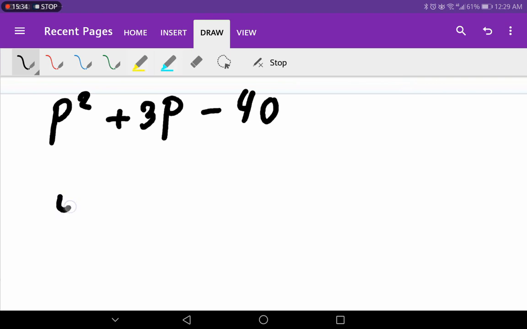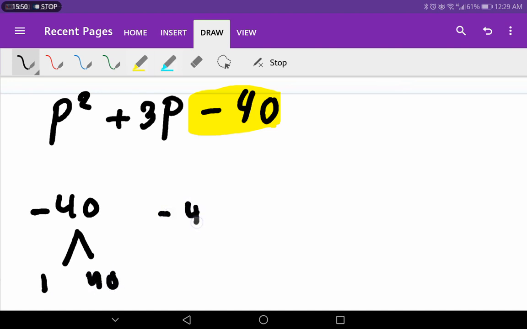Now the 40 comes from, or it is not 40, it is negative 40. Yes, you have to write it like this. The negative 40 comes from 1 multiplied by negative 40, or from negative 1 multiplied by 40.